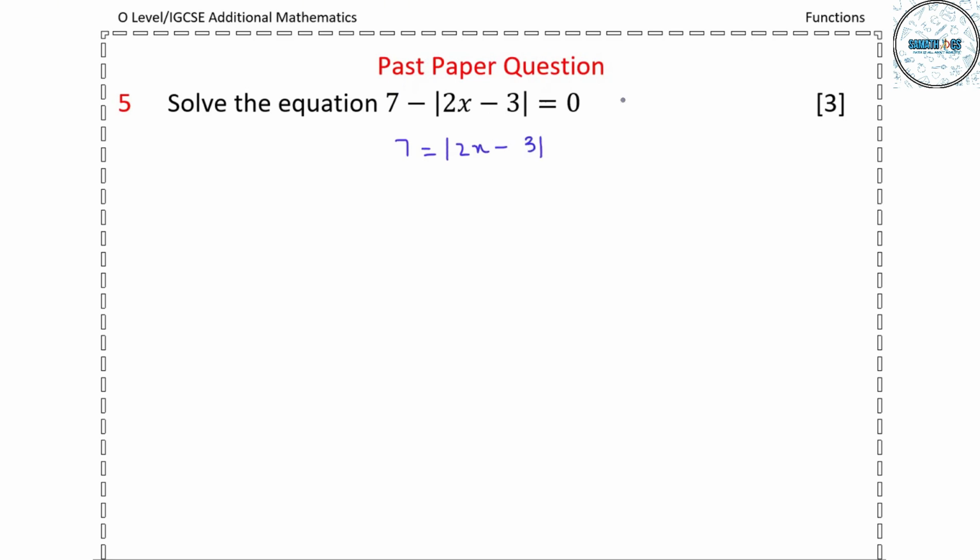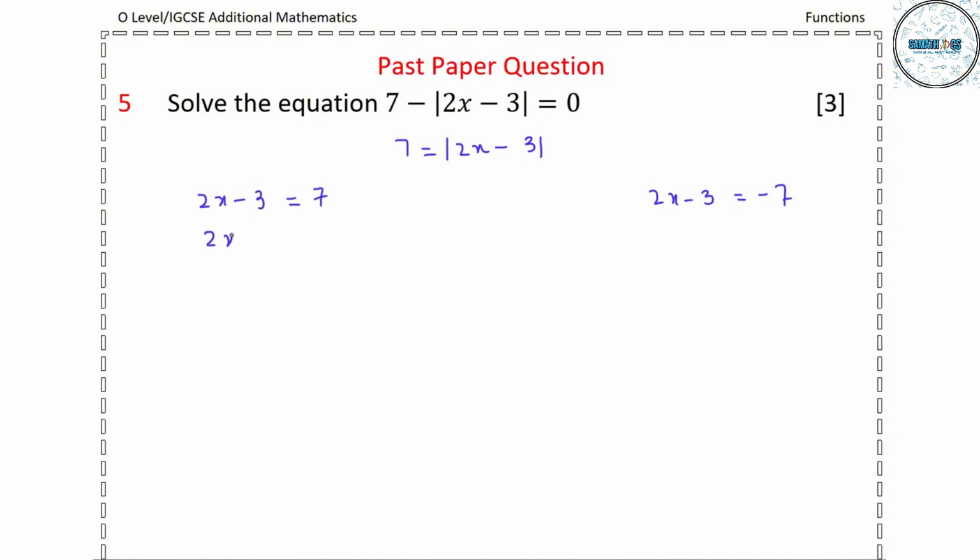If you take 7 on that side, that will become minus 7, and then minus and minus will be cancelled out. Now we will solve this equation. We will write 2x minus 3 is equal to 7, or 2x minus 3 is equal to minus 7. Either this can be 7 or this can be minus 7.